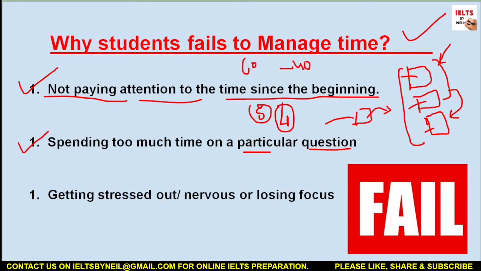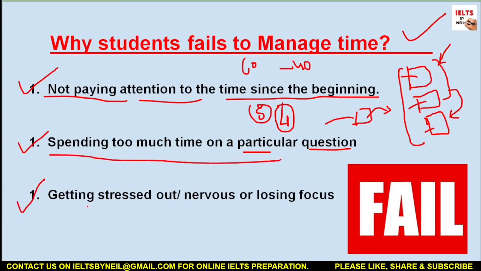You cannot afford to spend more than 3 minutes on any question at any cost. If one question is taking too much time, or you're not able to find the information, do not panic, just move on to the next one. Don't waste too much time on just one question.